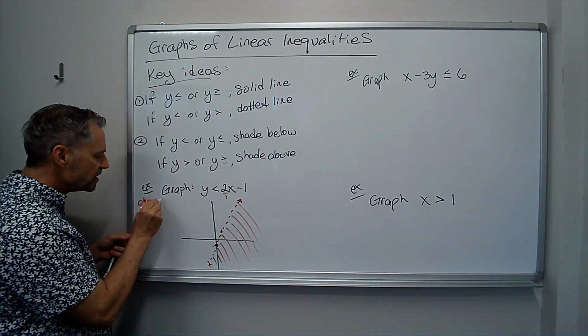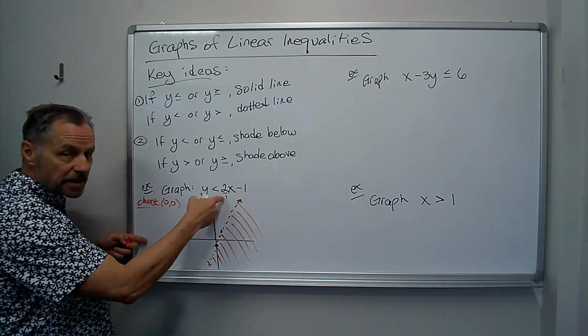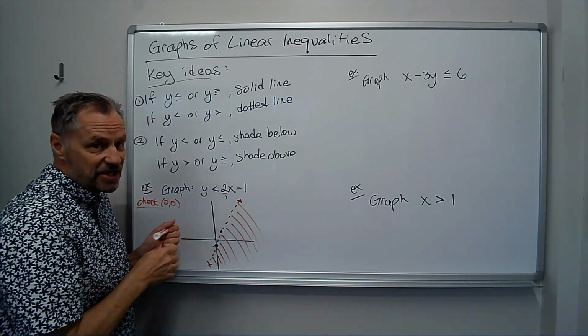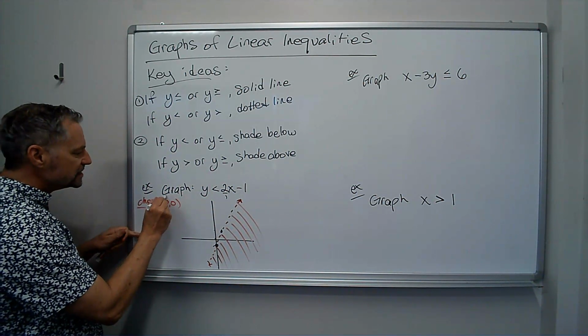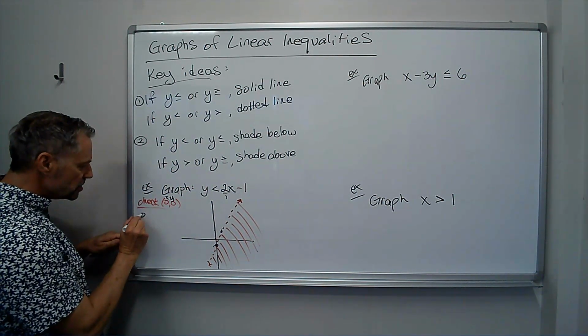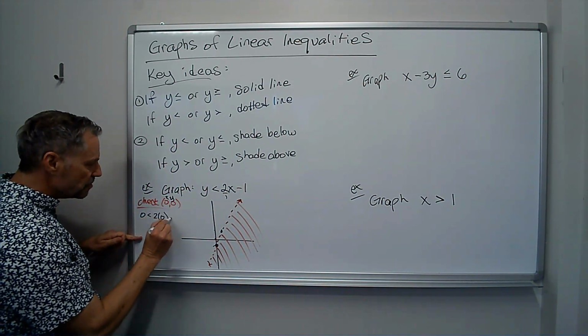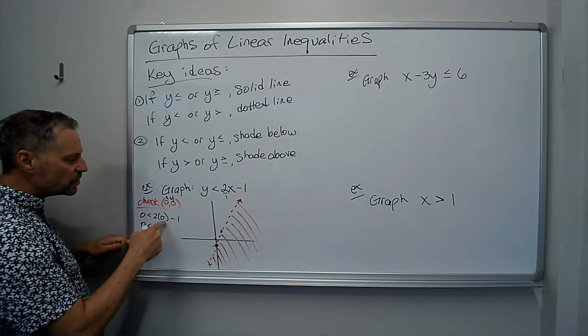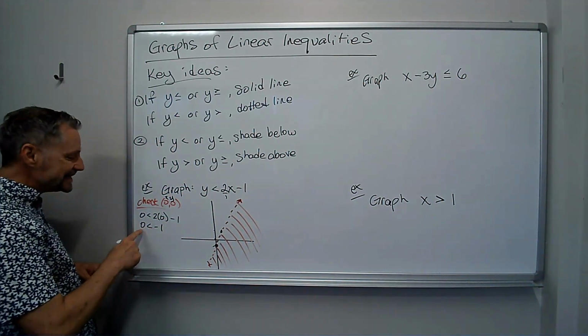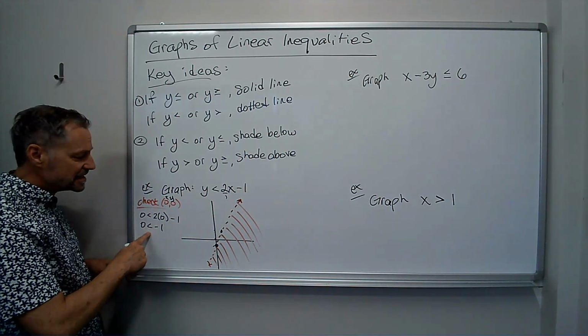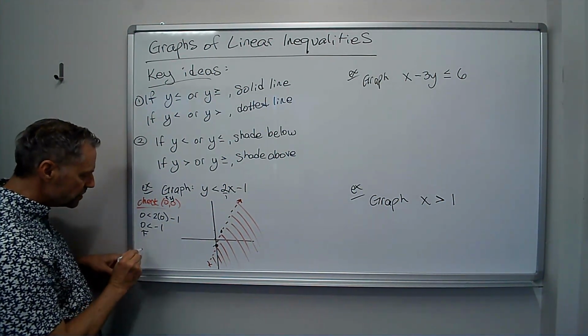So check 0, 0. I'm plugging it in here, and let's see if I get a true statement or not. So x is 0, y is 0. So I go 0 is less than 2 times 0 minus 1. 0 minus 1 is just -1. 0 is not less than -1. That's false.